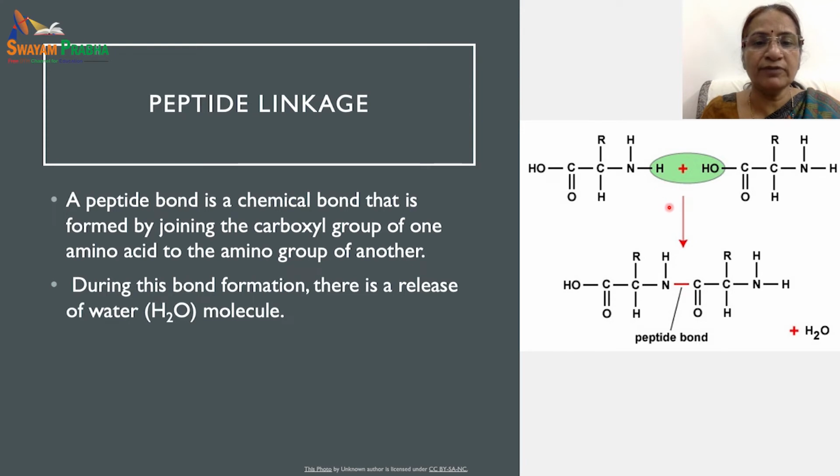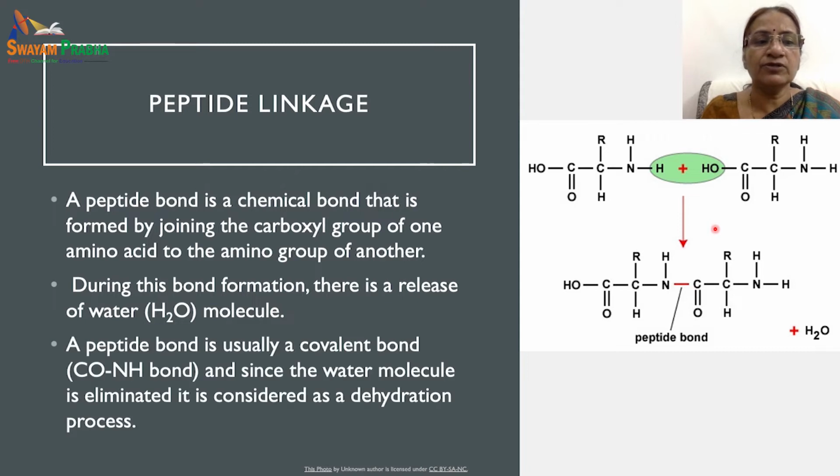During this bond formation, one H2O, that is a water molecule, is released. So a peptide bond is usually a covalent bond, that is a CONH bond, and since the water molecule is eliminated, it is considered a dehydration process.